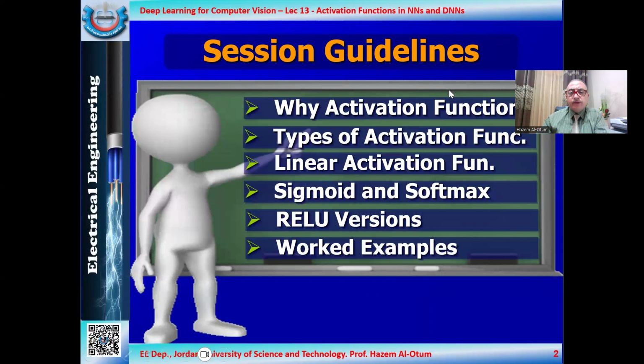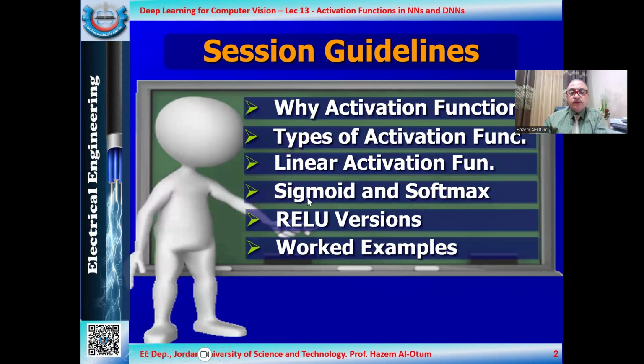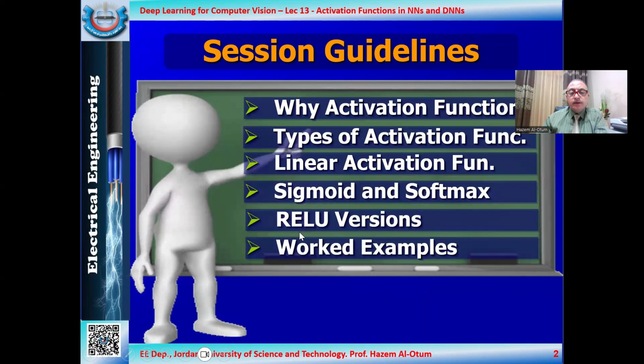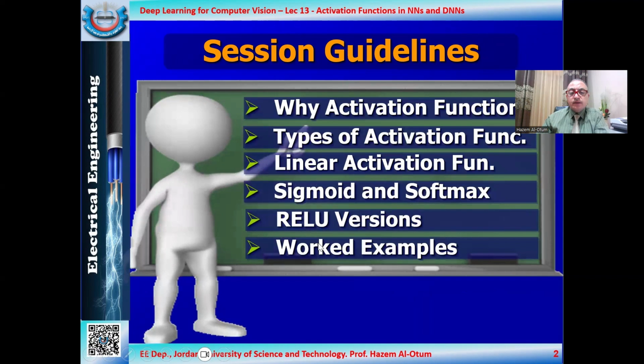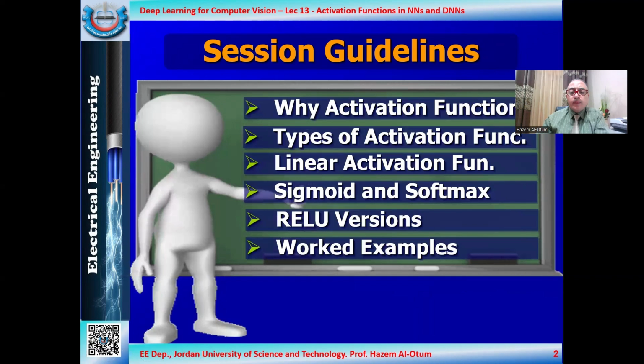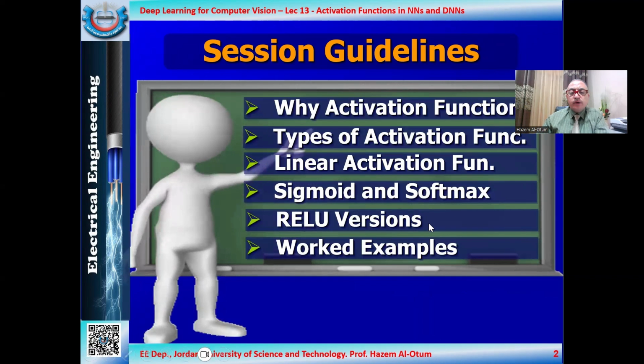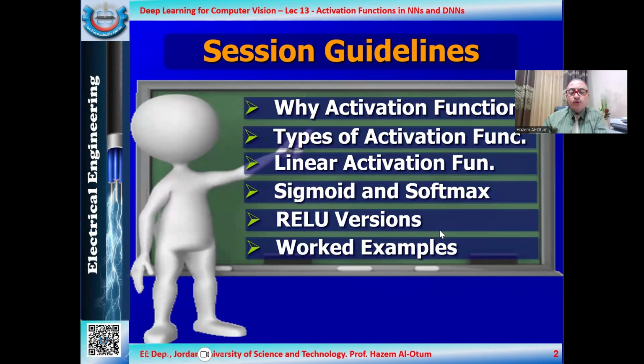Why the activation function? What are the types of activation functions? We'll talk about linear activation function, sigmoid and softmax, ReLU, versions, etc. All these activation functions are going to be discussed, and by the end of the lecture, we will have some numerical examples on these activation functions.